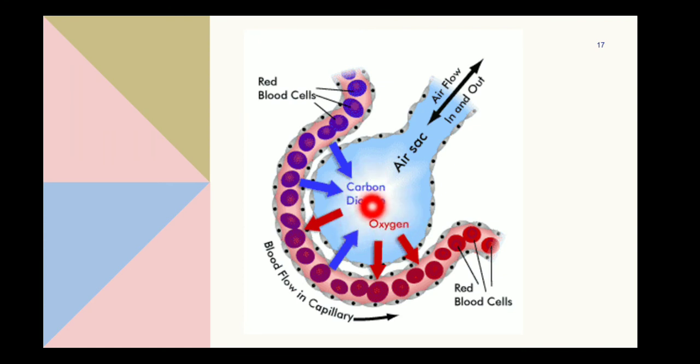Similarly, the concentration of oxygen inside the air sac, that is the alveoli, is high, and therefore it moves through the semi-permeable membrane, and oxygen is taken in by the hemoglobin of the red blood cells, and they take it to the different parts of the body.